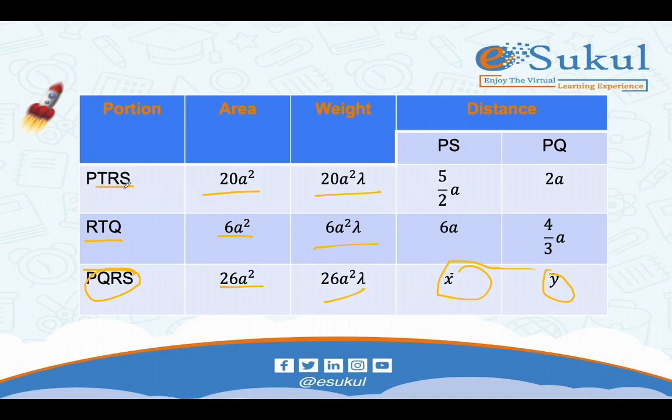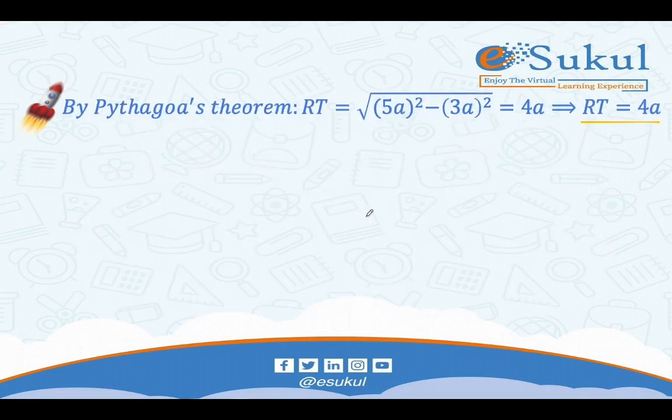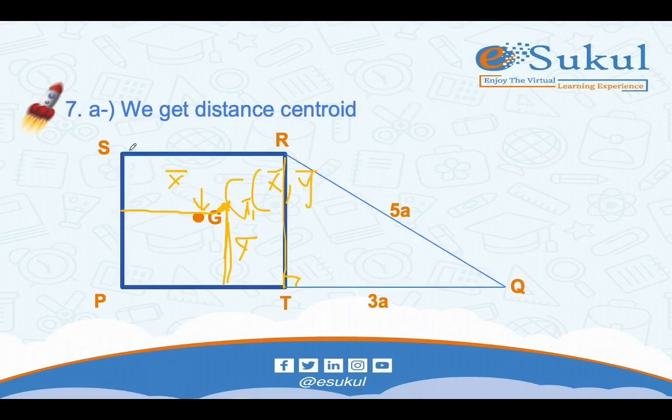For PTRS, which is the square lamina, coming back on the figure, we have RS as 5A.